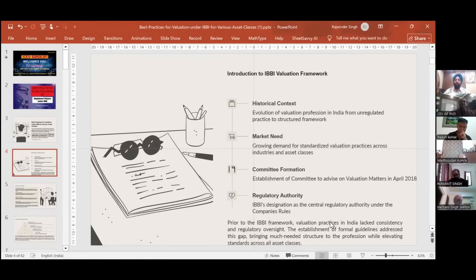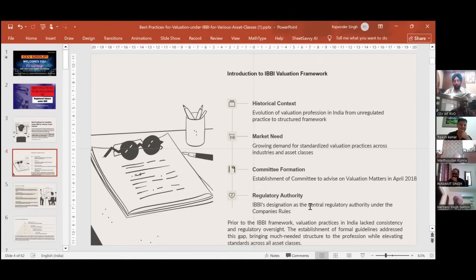For that, a committee was established to advise on valuation matters in April 2018, and based upon its advice, IBBI was designated as the central regulatory authority under the Companies Rules.